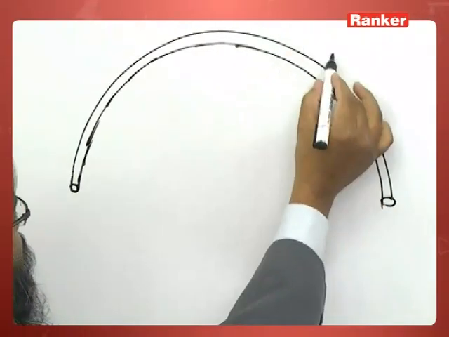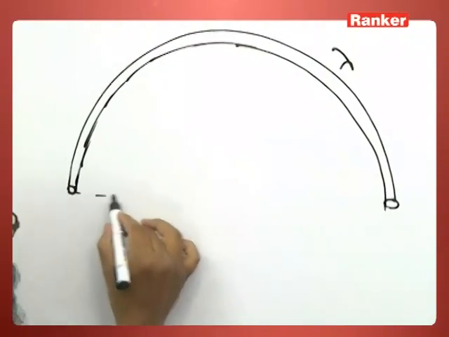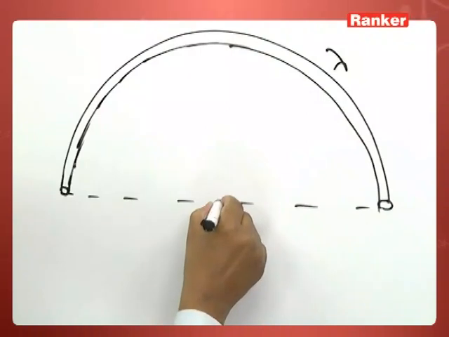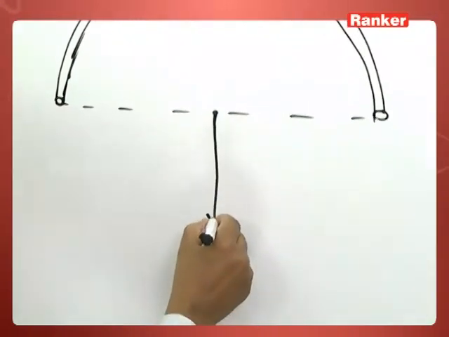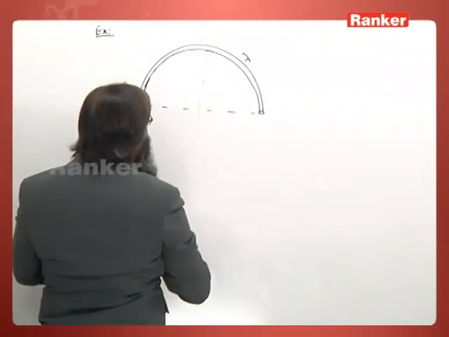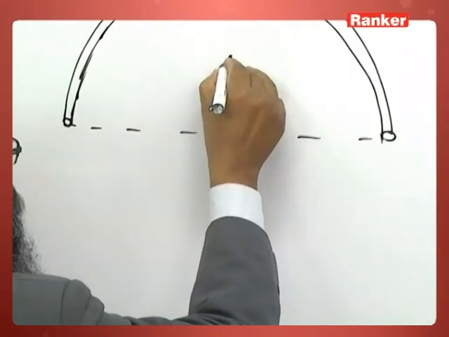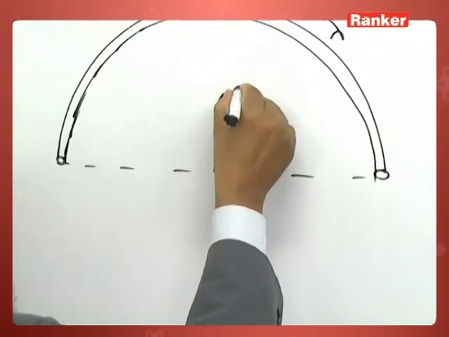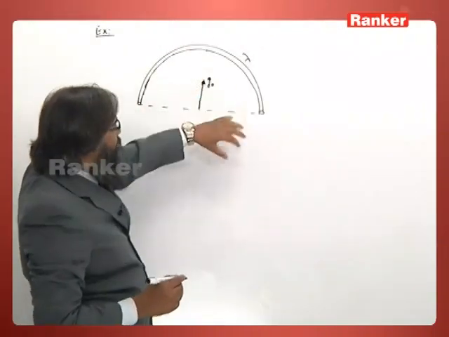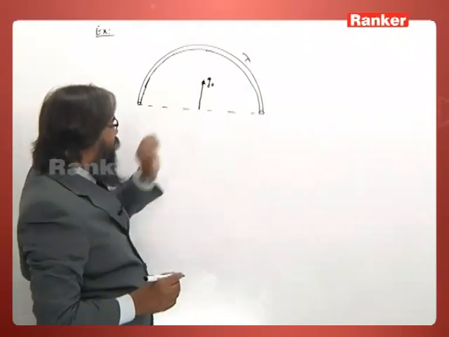Due to this massive ring, at the center I have a gravitational field along this direction, suppose G naught. So, the gravitational field due to this massive ring is G naught.